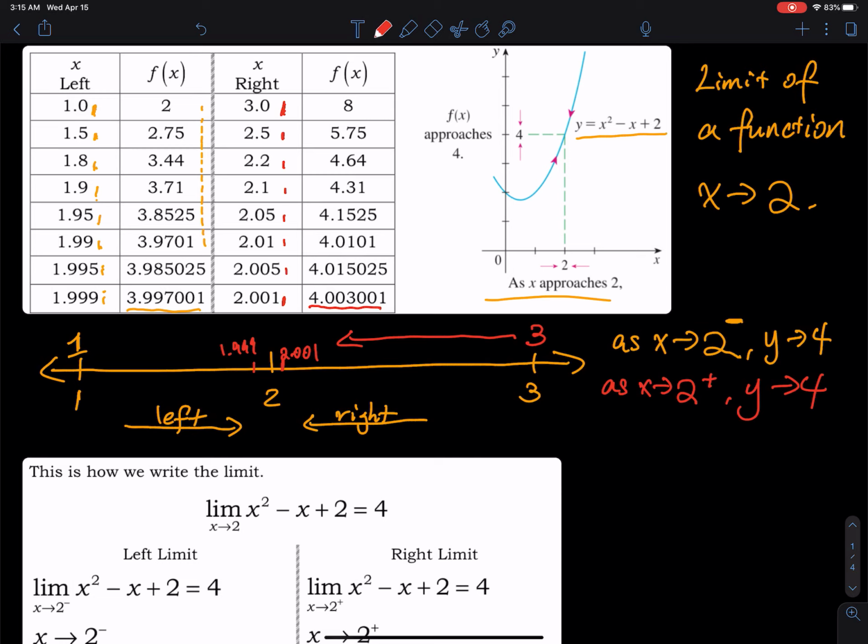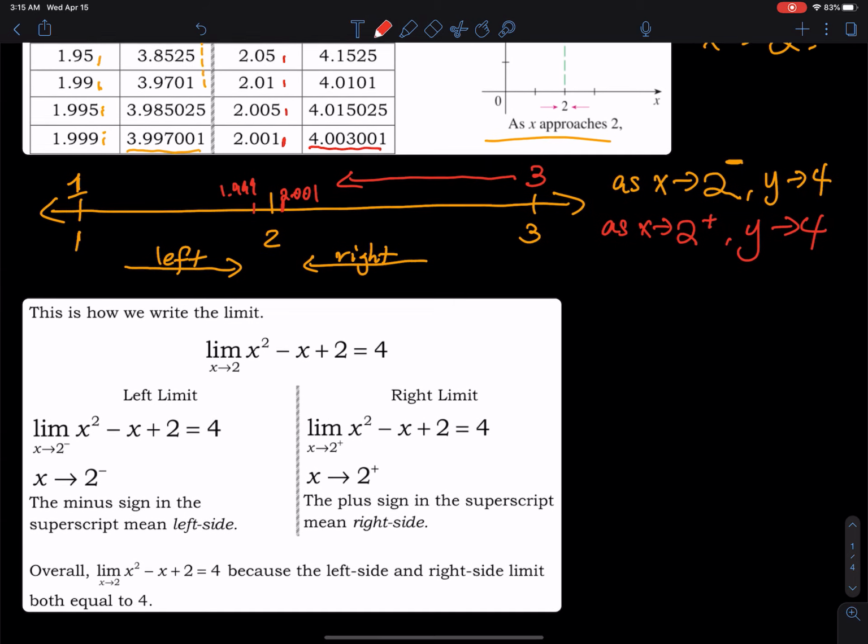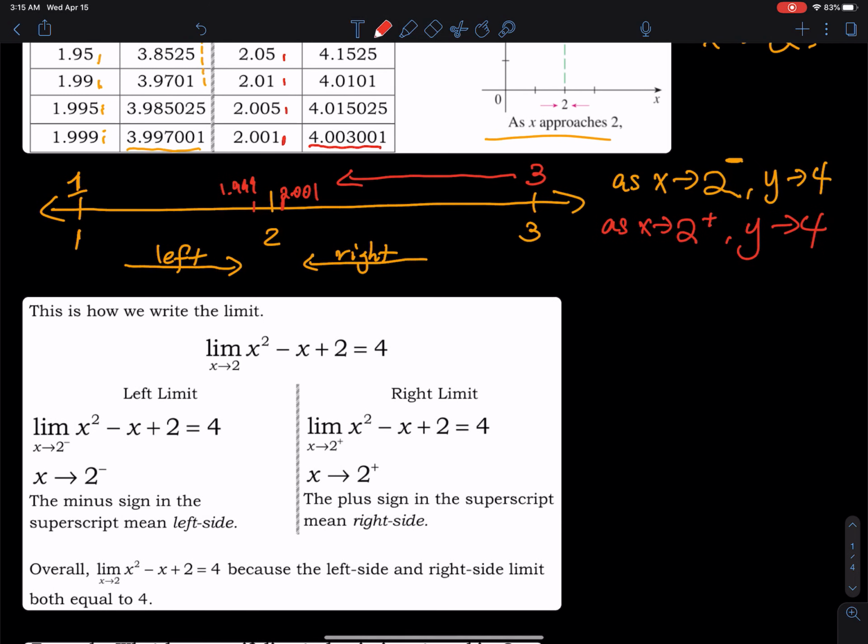So we are going to put this in limit notation. Here is how we are going to express the language. The limit, so listen to me carefully. This is how we read the limit. The limit as x approaches 2 of x squared minus x plus 2 is equal to 4. Why is this equal to 4? We have to check the left limit and the right limit, and make sure they are both equal to 4.